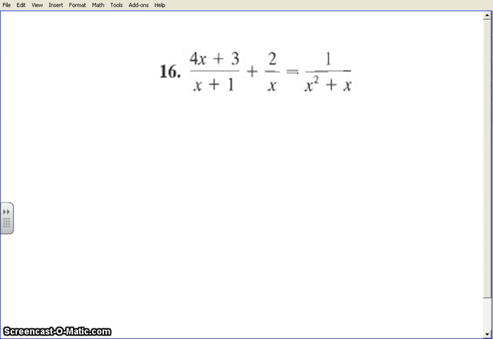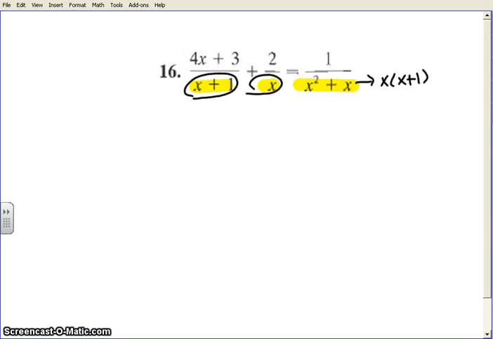Okay, the final example here is a rational equation, and the first goal is to get rid of the denominators by finding a common denominator. Okay, if I factor this denominator, I'm going to get x times x plus 1. And if I take these two denominators and multiply them together, I'm going to get the same thing.